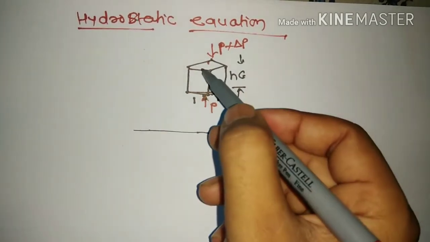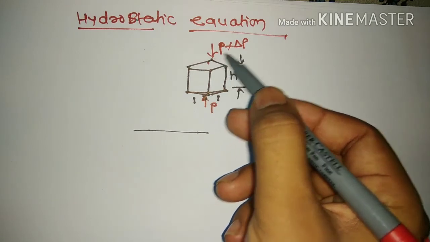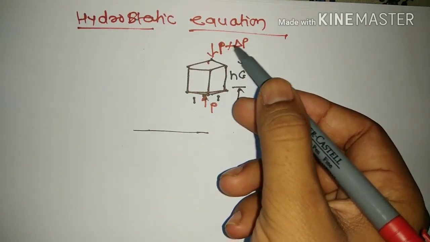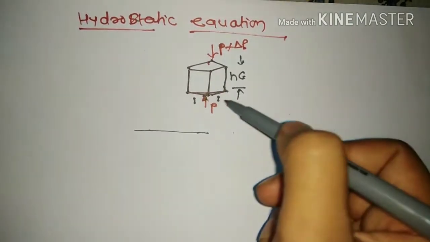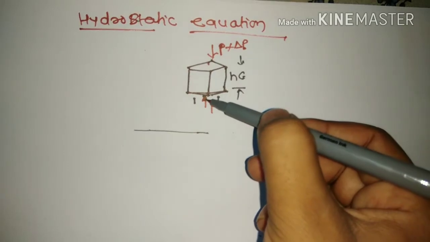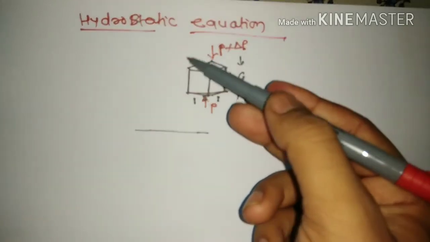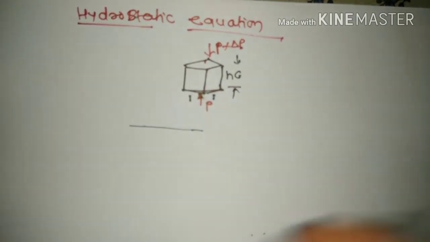After a certain height, the pressure will change due to height, so the pressure will be p plus delta p, whether plus or minus. Always, from the earth, this is low pressure and this is high pressure, right? As we increase the height, the pressure decreases. So now calculate.